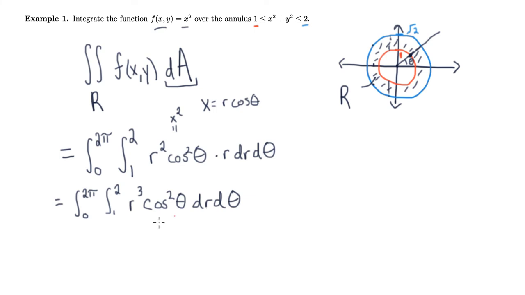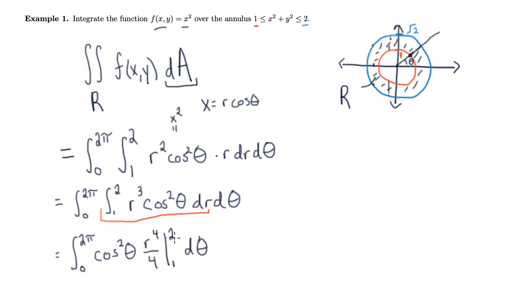We first want to do the inner integral with respect to r. So I just need an antiderivative of r cubed, which is r to the 4th over 4. So what I get is the integral from 0 to 2 pi, and then I have cosine squared theta. That's just a constant in the inner integral, so I can pull that out. And then I have r to the 4th over 4 evaluated from 1 to 2.